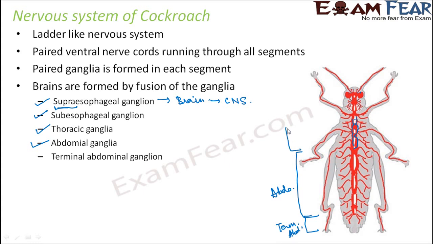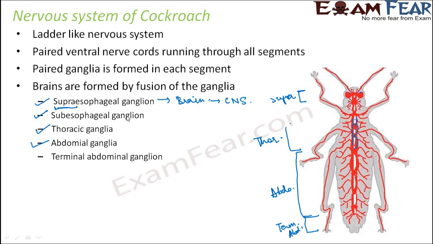Here you have the thoracic ganglia. Here you will have the supraesophageal ganglia. Based on where the ganglia are located, they are named accordingly: supra or subesophageal, thoracic, abdominal, or terminal abdominal.